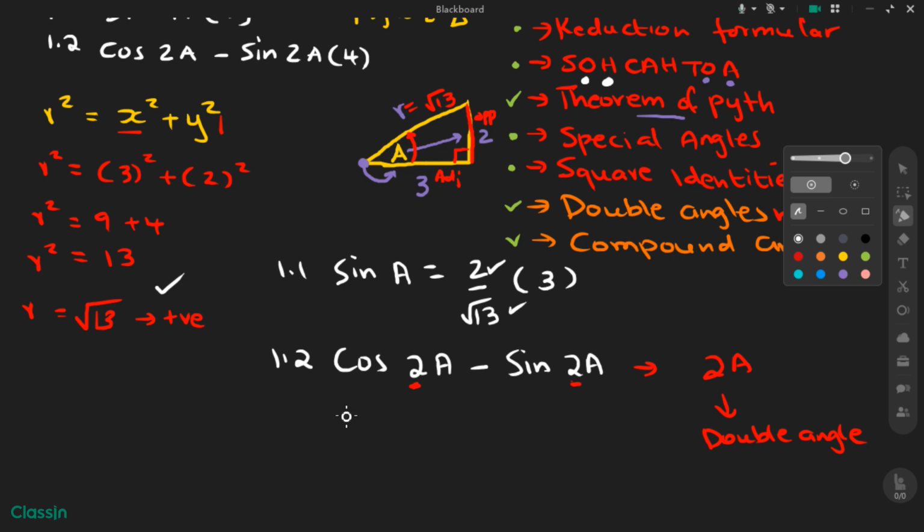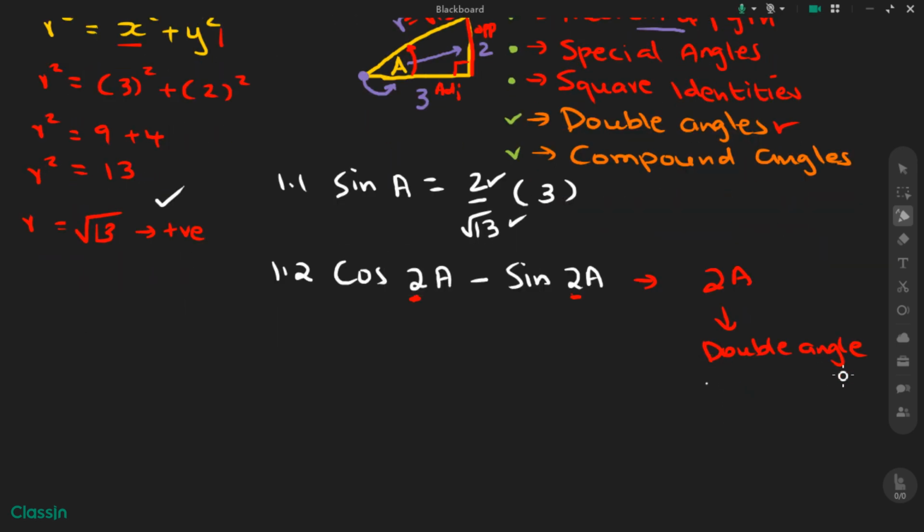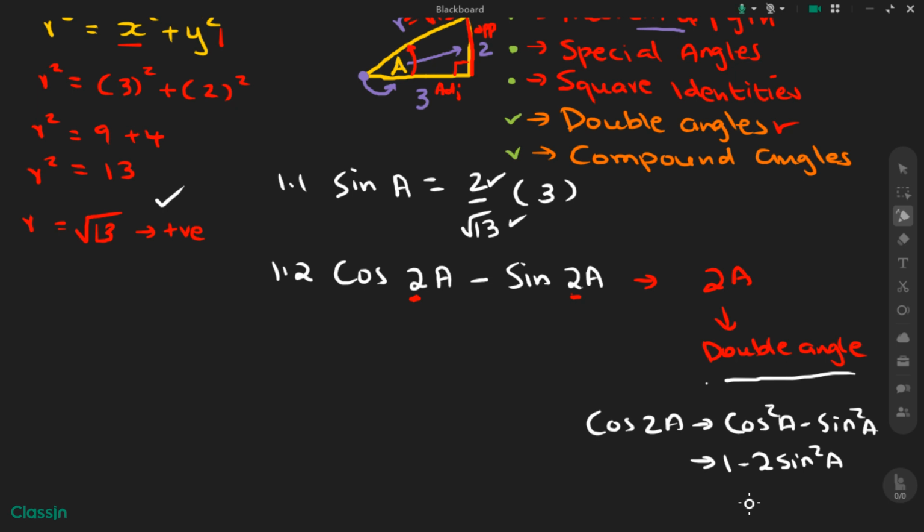Now, based on the double angles, cos 2a is cos squared a minus sine squared a. Or you can write it as 1 minus 2 sine squared a.